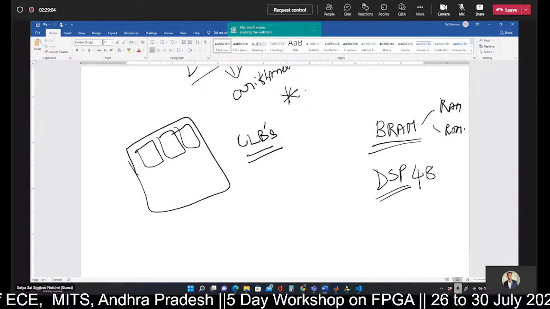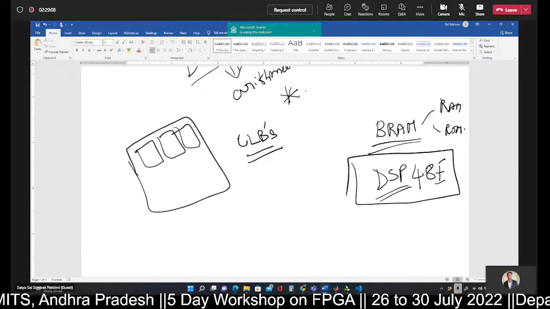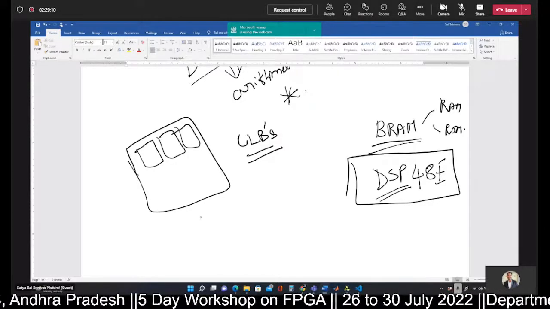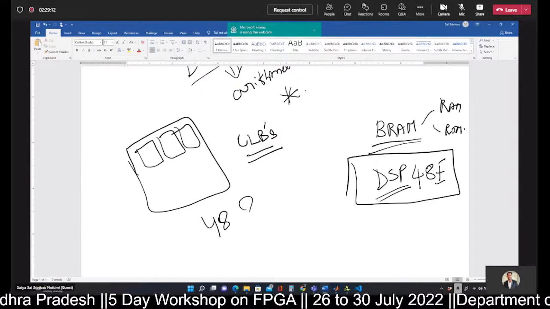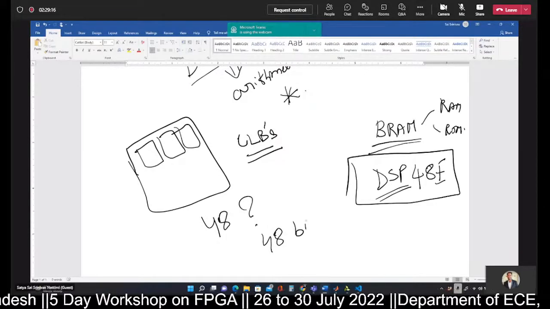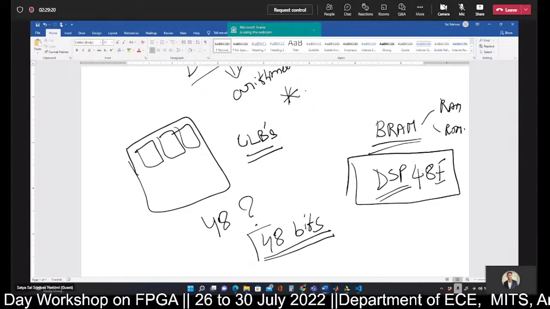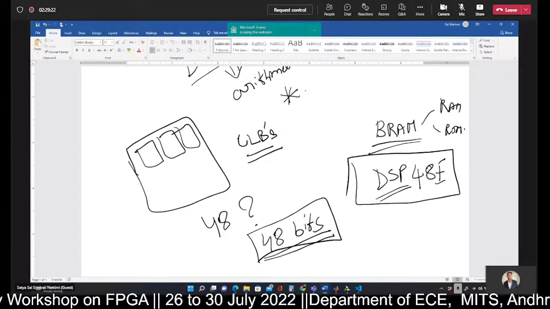The DSP block available in your Xilinx FPGA is called DSP48. What does this 48 mean? It supports operations on operands with a maximum word size of 48 bits.